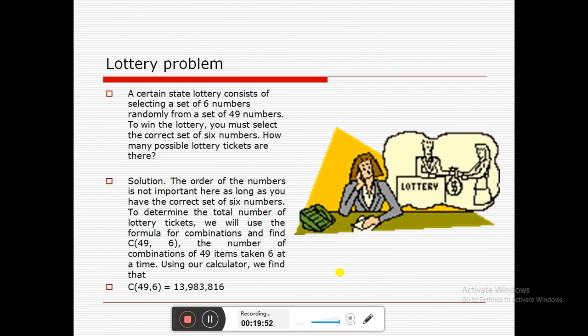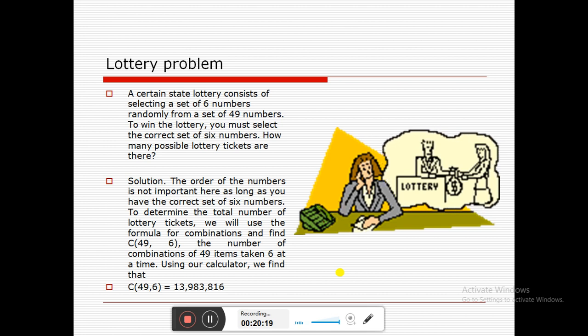How many possible lottery tickets are there? Solution: the order of the numbers is not important as long as you have the correct set of six numbers. To determine the total number of lottery tickets, we will use the formula for combinations and find C of 49 comma 6.